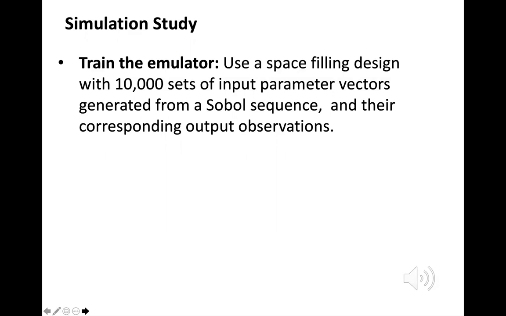Recall that we refer to this as simulation. Each simulation will give us the outputs in the form of 24 circumferential strains and the left ventricle cavity volume at the end of diastole. We can now either use these outputs directly to construct output-specific emulators or combine them into the objective function and construct an emulator for this objective function.